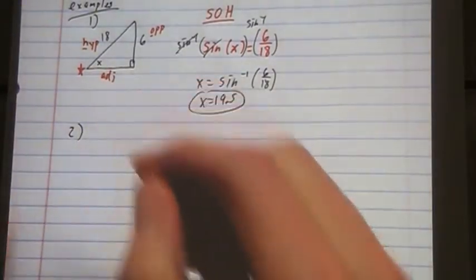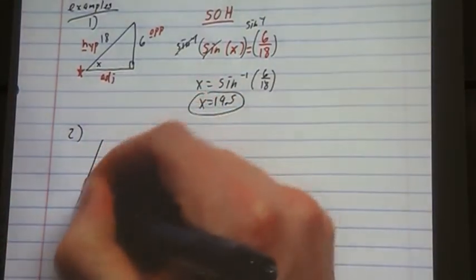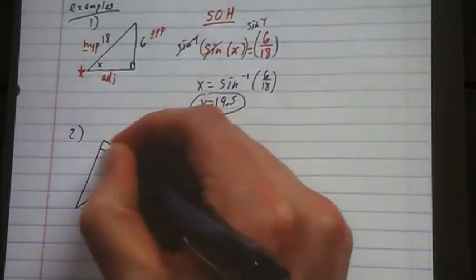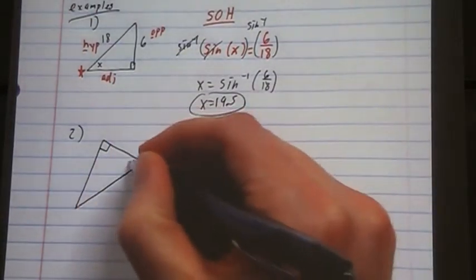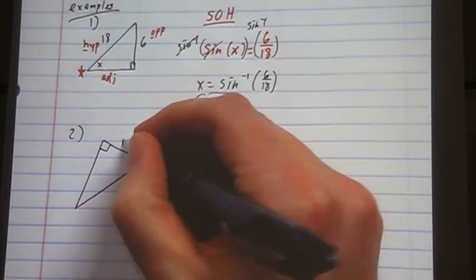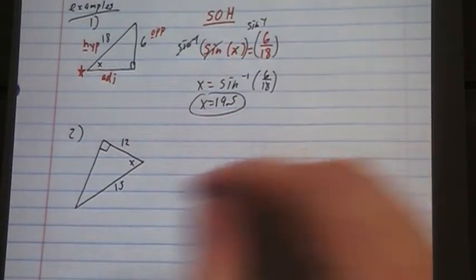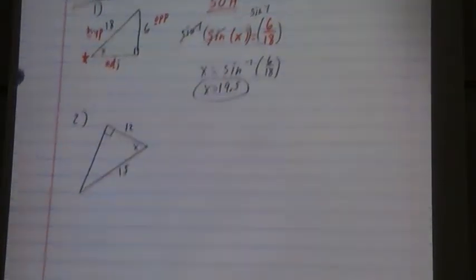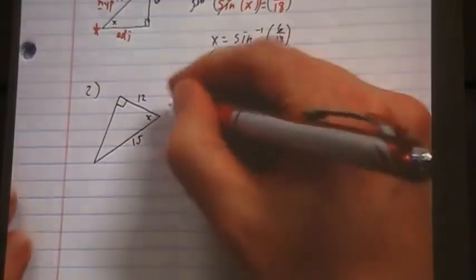Number 2. For the x, a 12, 15. We're going to do the same thing we did up top. We're going to identify the angle we're starting from.